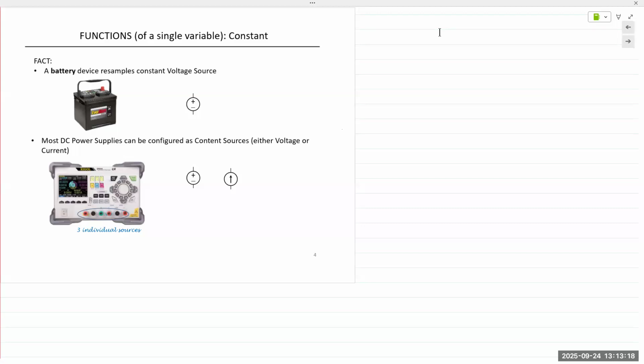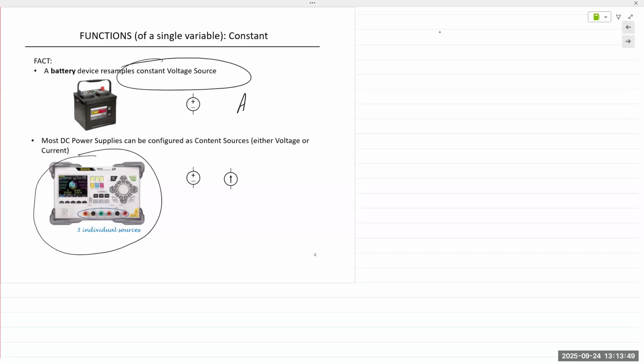The batteries inside your mobile devices, your laptops, they're all DC voltage source. There are some chemicals in there and electrochemical reactions take place. And there's a difference in electrical potential between the output terminals. The value of that voltage at the output terminals remains constant, and hence constant voltage source.